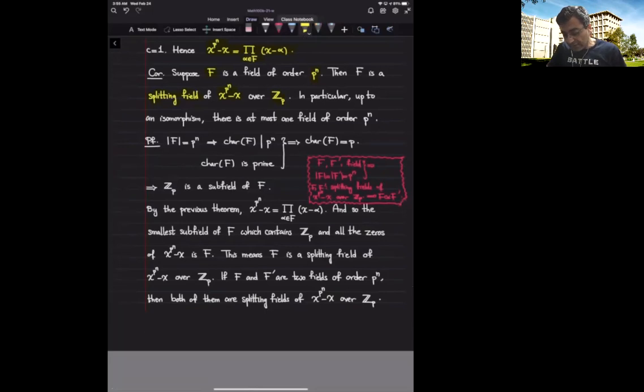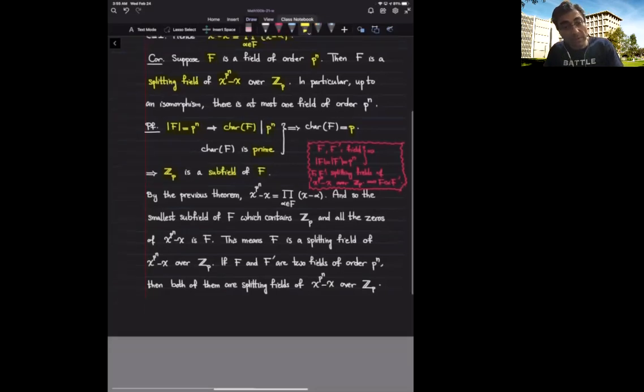Because the cardinality is p^n, and the characteristic of a finite field is always a prime, and it should divide the cardinality of the additive group, which is p^n. So the characteristic should divide p^n, but it is also prime, so we deduce that it is p. The characteristic of the field is p, that means Z_p is a subfield. Okay, that's good. So we do have Z_p as a subfield of this field.